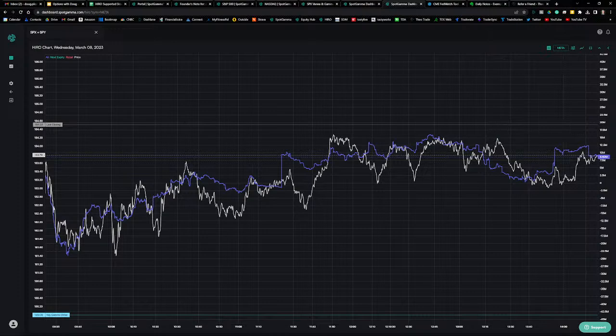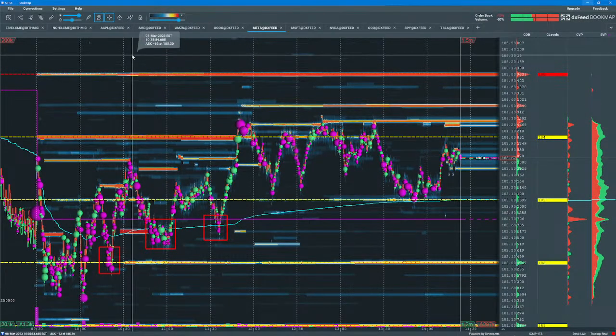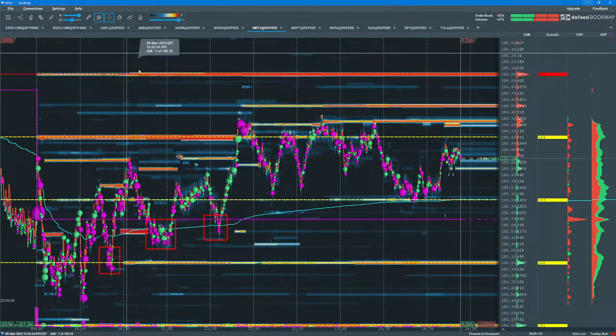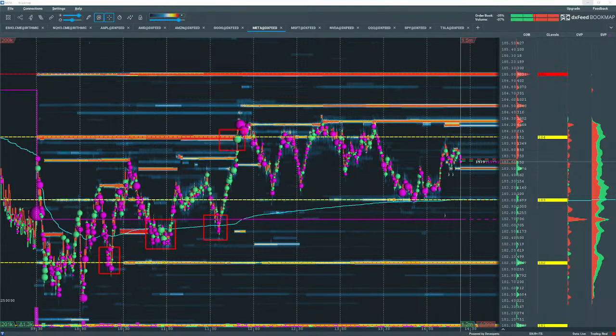All right, let's go take a look at Bookmap. And multiple long entries up to targets at the 184 liquidity and the 185 liquidity. Pretty choppy morning action, a lot of deep pullbacks.